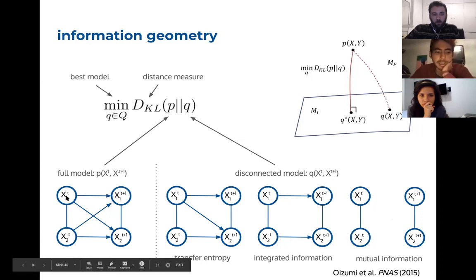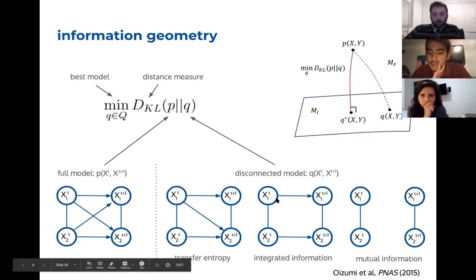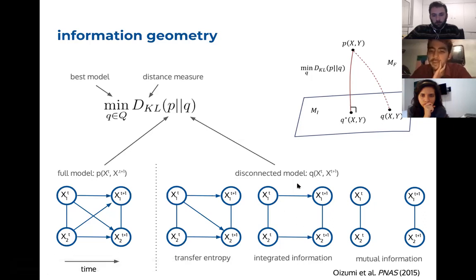So you have a unit in X, a given unit at a certain time. One way to see integrated information is that you allow for influences within the unit. So the unit is able to influence itself, to constrain itself, but any lateral constraints you remove. And then you see if this distribution is able to approximate your original one.